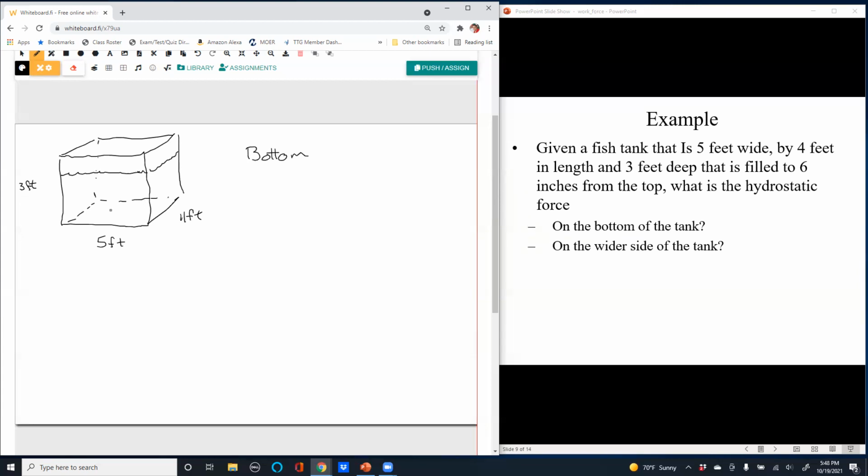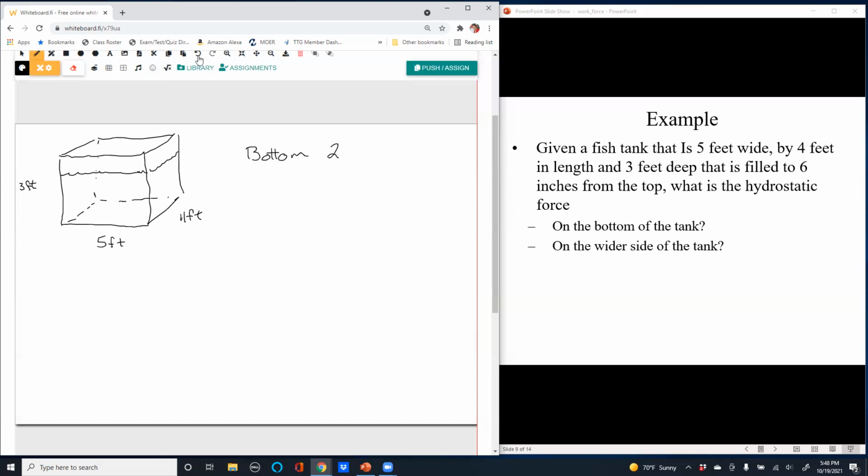So at the bottom, what we need to look at is how deep we are. And that bottom is 2.5 feet deep from the surface. That's the H.